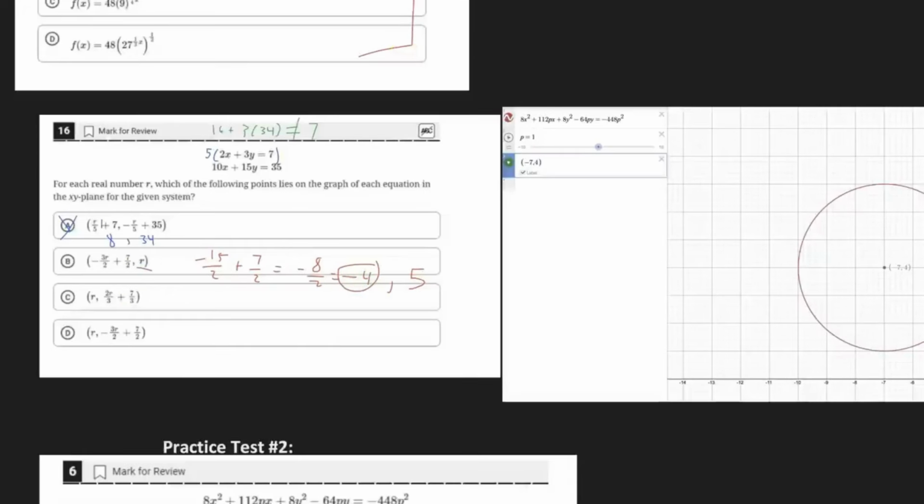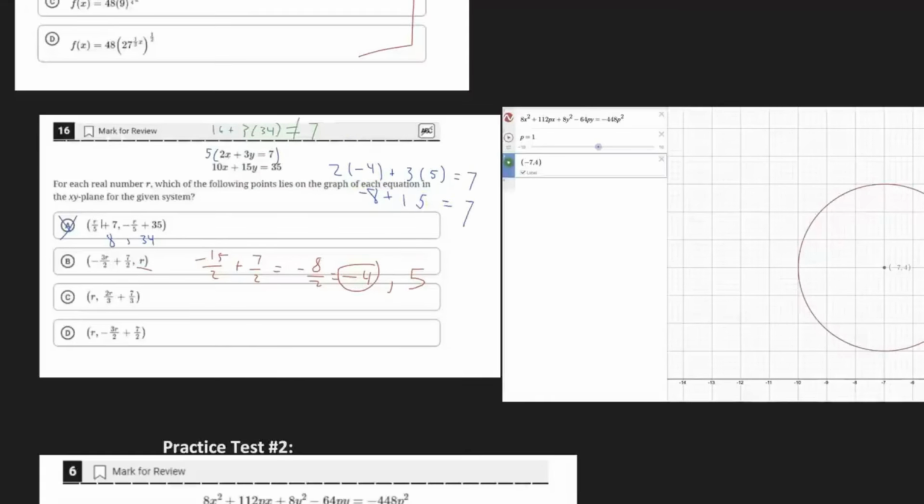And therefore, if we plug this in, we get the satisfied equation. So we have 2 times x. So x is going to be negative 4 plus 3. Our y value is 5. And I think this is going to be looking good because we have 2 times negative 4 is negative 8. Yep, plus 15 is indeed equal to 7.